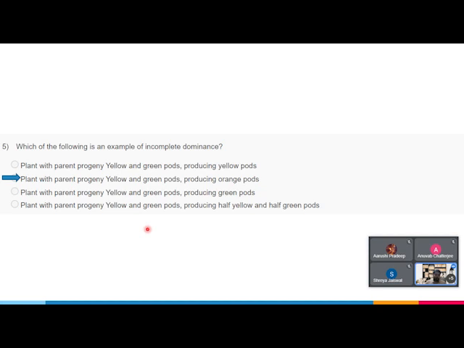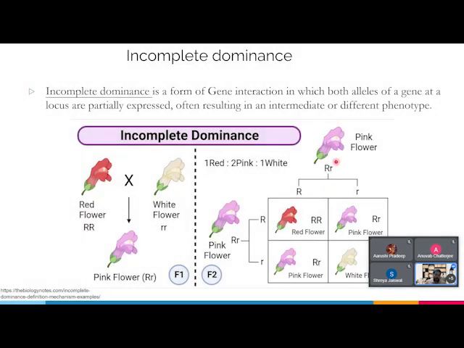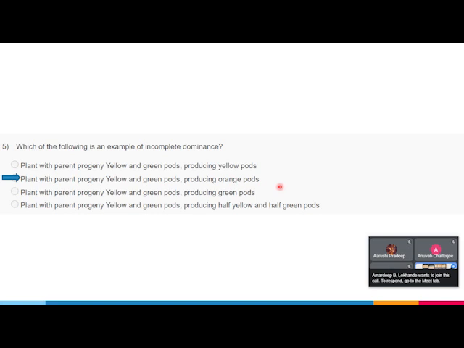So it does not happen that we see a chimeric kind of genotype. Even if, in this case, R and R were present, we do not see a chimeric phenotype, but instead we see one dominating over the other. That is what the laws of Mendel say. So the correct option is B.